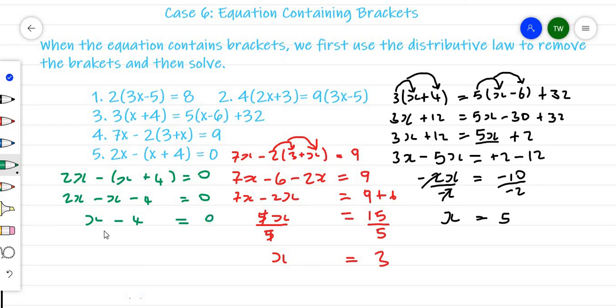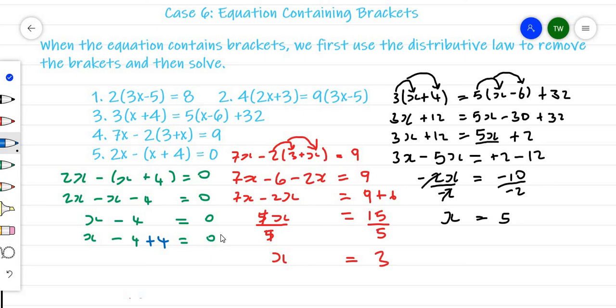In order to determine the value of x, all I'm going to do is to add 4 to both sides. So I'm going to write back what I have, which is x minus 4 equal 0. And if I add 4 to both sides, I'm going to add 4 to this side now.